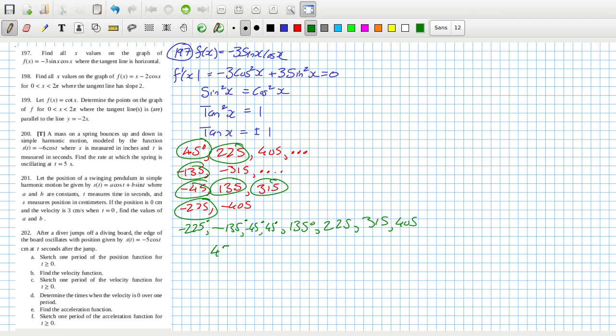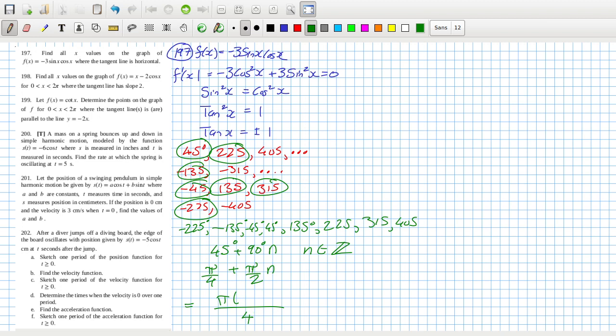So it's 45 plus 90 degrees n, where n is an integer. So if we write that in radian form, that'd be pi over 4 plus pi over 2 n. So that would be all over 4. And this would take the pi out.